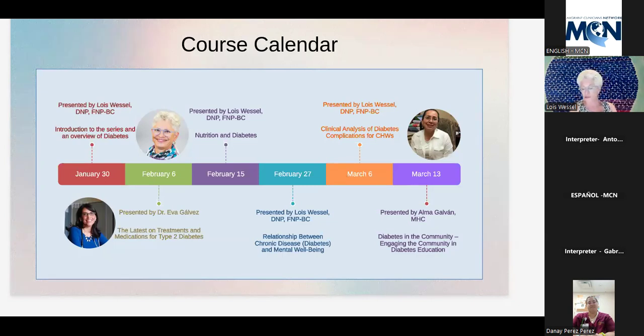There are a lot of medicines that we throw their names around. And so we have Dr. Eva Galvez, who's on the board of MCN and is a family practice physician in rural Oregon, present on that.